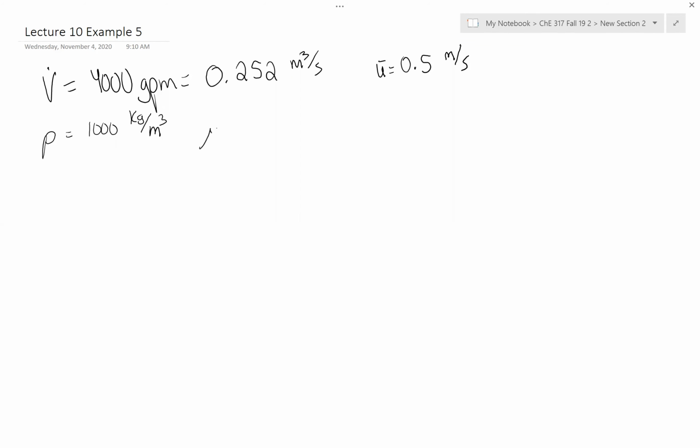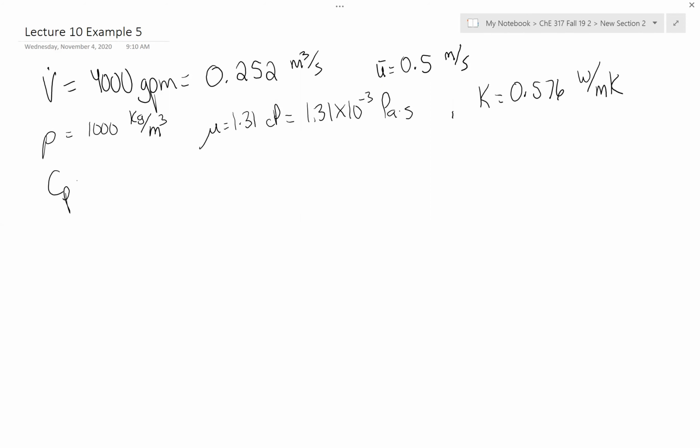My viscosity is 1.31 centipoise, or 1.31 times 10 to the minus 3 Pascal seconds, or kilograms per meter second. The thermal conductivity is approximately 0.576 watts per meter Kelvin.